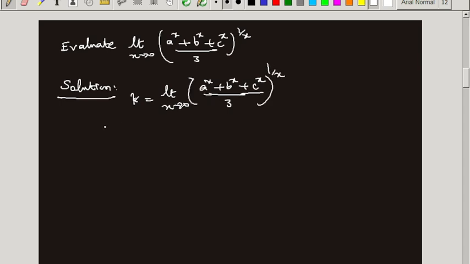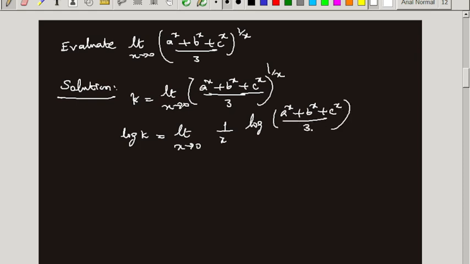Now we take the log both sides. Log k equal to limit x tends to 0. So here we get this as 1 by x into log of (a power x plus b power x plus c power x dividing by 3). So this is nothing but numerator.